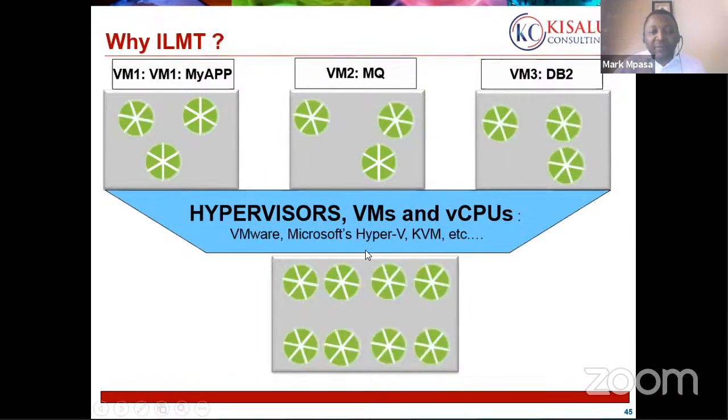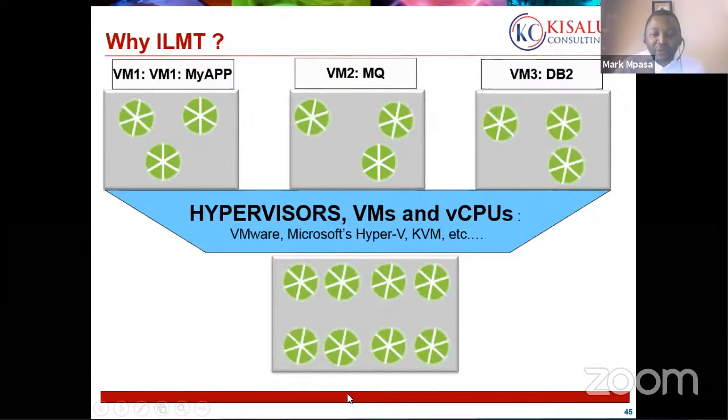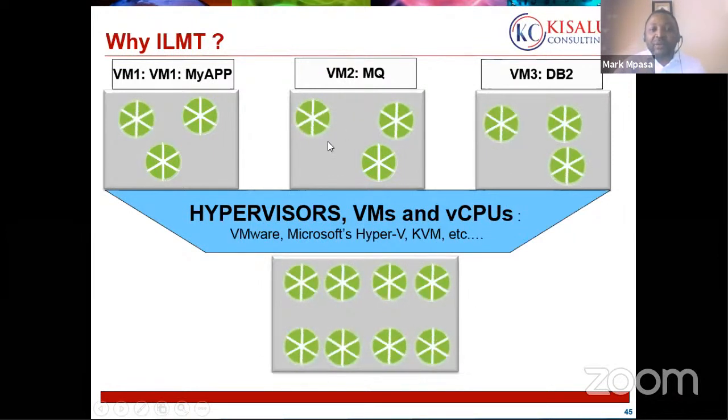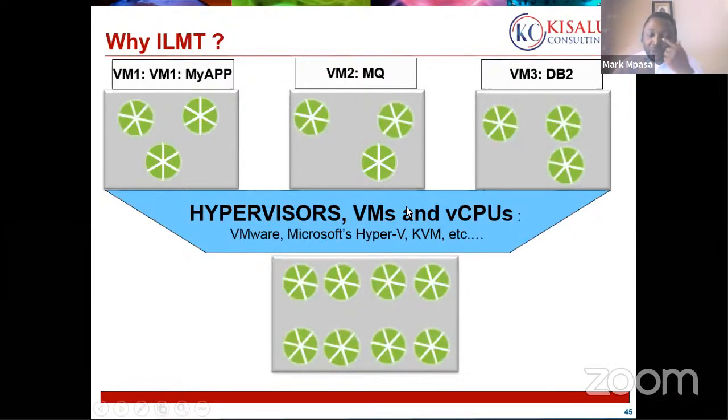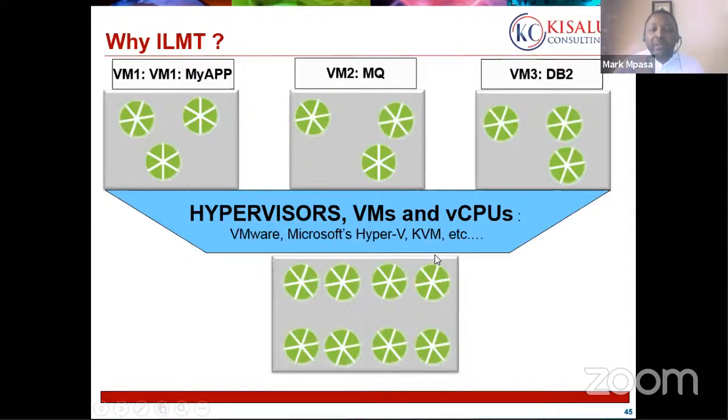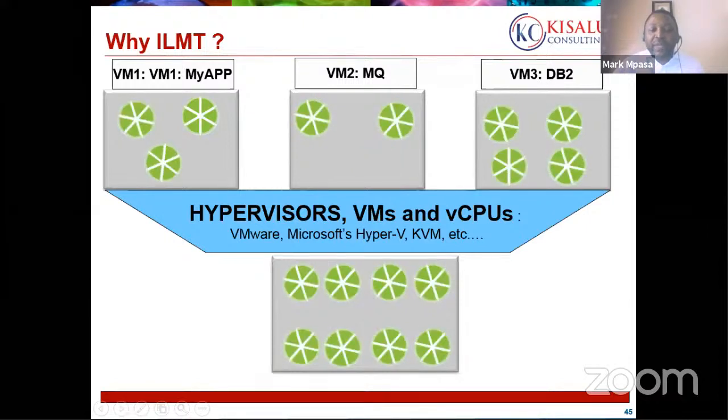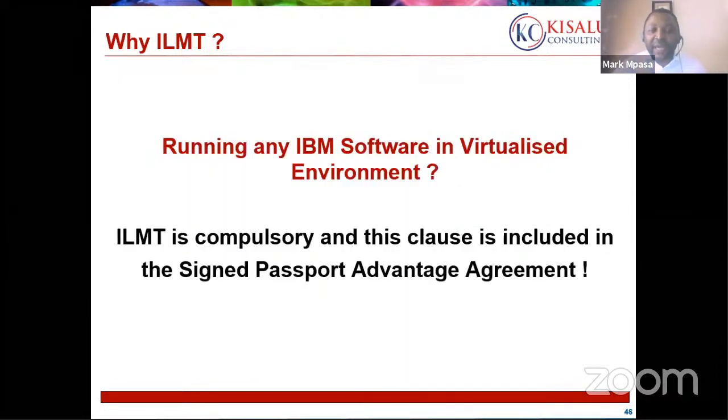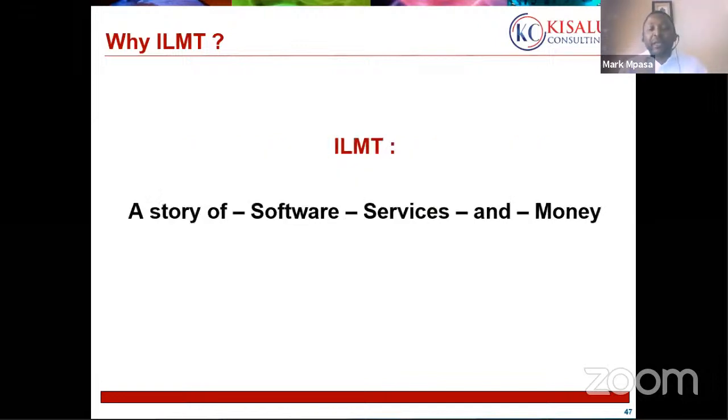Because you don't have ILMT, you have to pay for 64 cores instead of the 1 core that you are using the IBM software for. That is very painful. So the story of ILMT is a story of software, a story of services, and money.